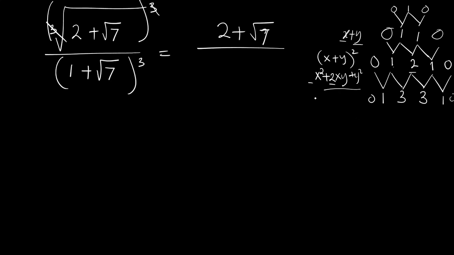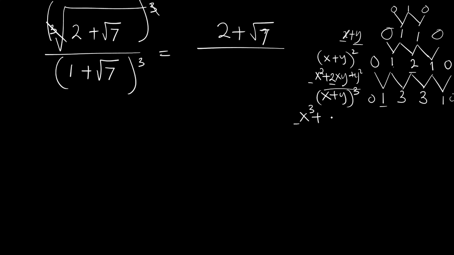So now, if you say x plus y all cubed, this expression will be x to the power 3 plus, you see the coefficient is 1 here. Then the next one, you see the x will be decreasing while the y will be increasing.